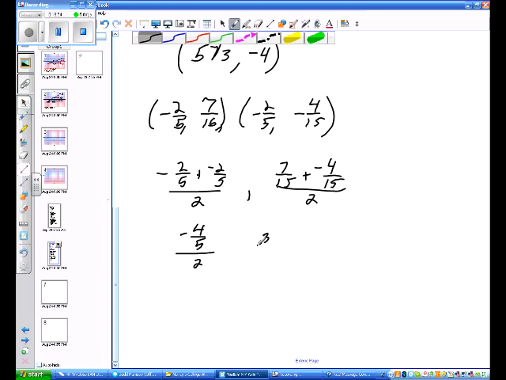And this would be 3/15, which we'll reduce in just a second, divided by 2. Now, to divide by a fraction, you multiply by the reciprocal of your divisor. Well, our divisor is 2, so the reciprocal is 1/2. And we can reduce, and we'll end up with negative 2/5. Okay, we said that would be 1/5, because we can reduce 3/15. Divided by 2 is the same as times 1/2, and that would be 1/10. So we have our midpoint.